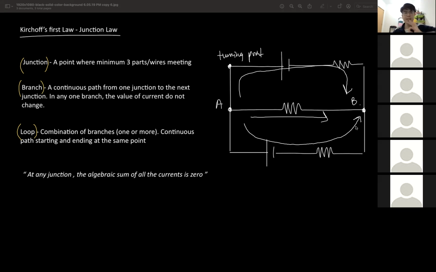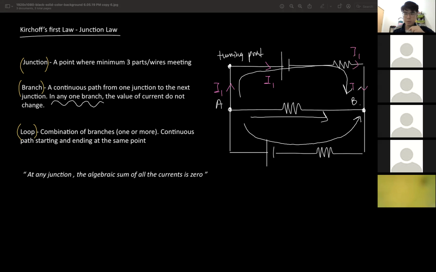It says here that in any one branch, the value of the current does not change. That means in any one branch, the current will be the same. The current in the first branch here, let's say I1. It's the same over here. I can label here I1, and crossing this resistor is also I1.